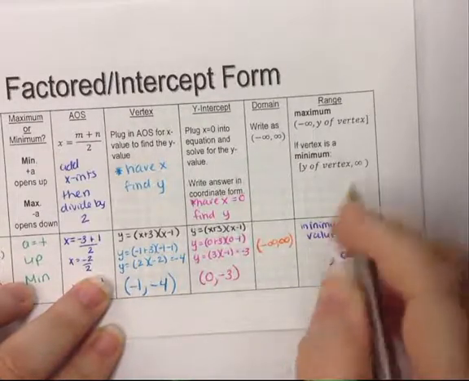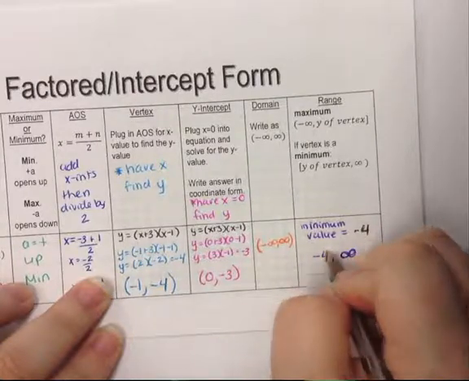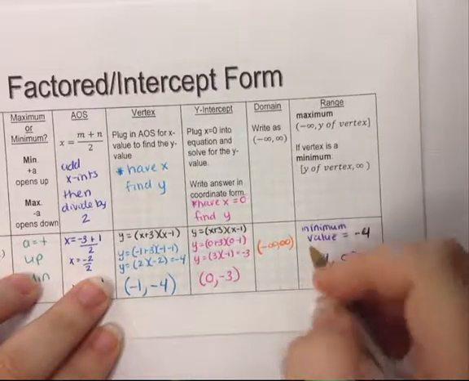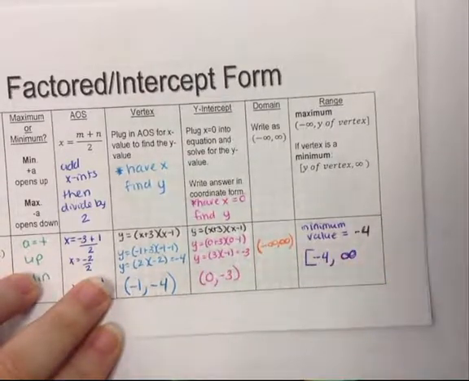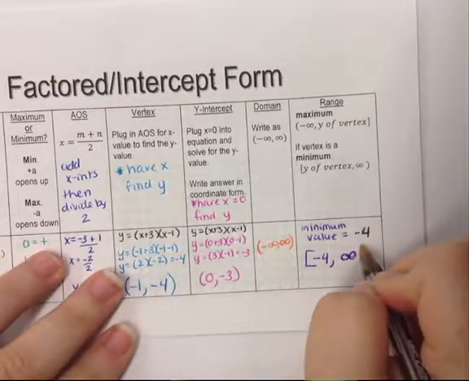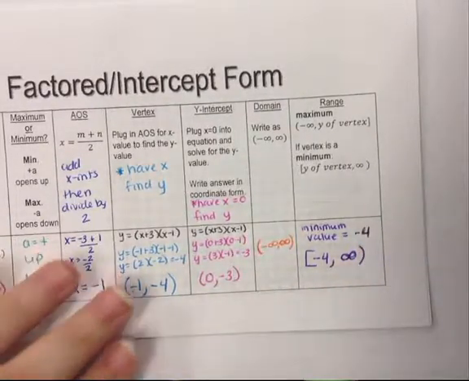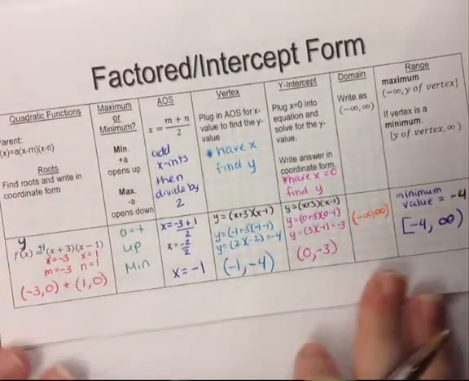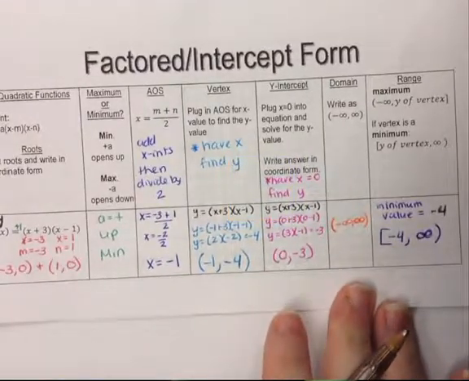So the minimum will be at negative 4. Now, because it is actually at negative 4, it stops there. I'm going to use a closed bracket for that negative 4. But because infinity never touches and we never actually get to infinity, it has to be an open bracket. This is how we figure out all of the pieces of information that we need for our quadratic function.